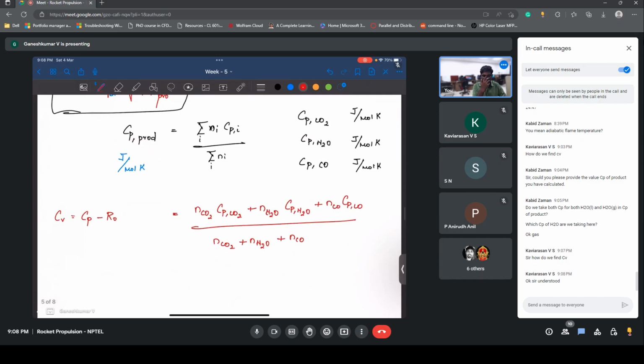But one thing you need to know, though it is not very important here: if the Cp is given in terms of joules per kg Kelvin, then this is going to be R, where R is nothing but R naught by molecular weight. You need to take that into account in order to match the units. But here there is no need, because everything is given on a molar basis, so you need not worry about it.